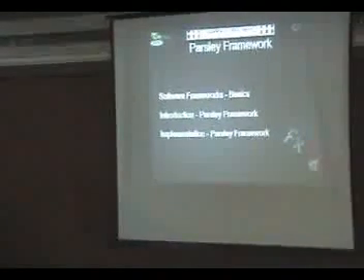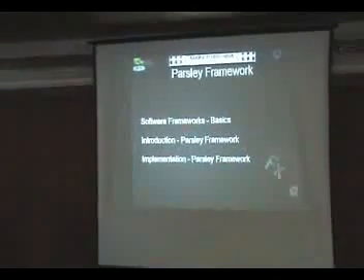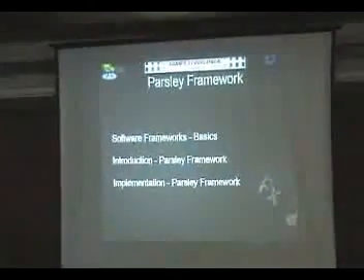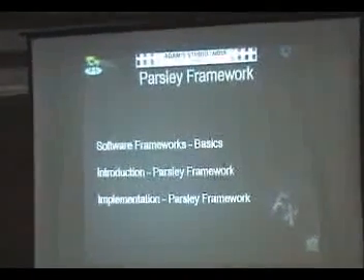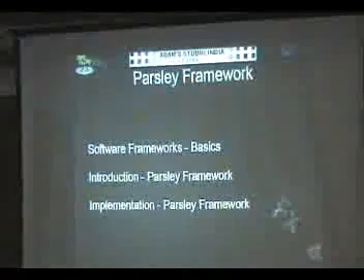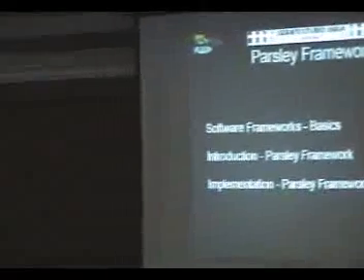And the next one is introduction to Parsley framework. Parsley is a framework written in ActionScript 3, developed for Adobe Flash, Flex, and Air technologies. We'll look into the basic ideologies of Parsley framework in that one.